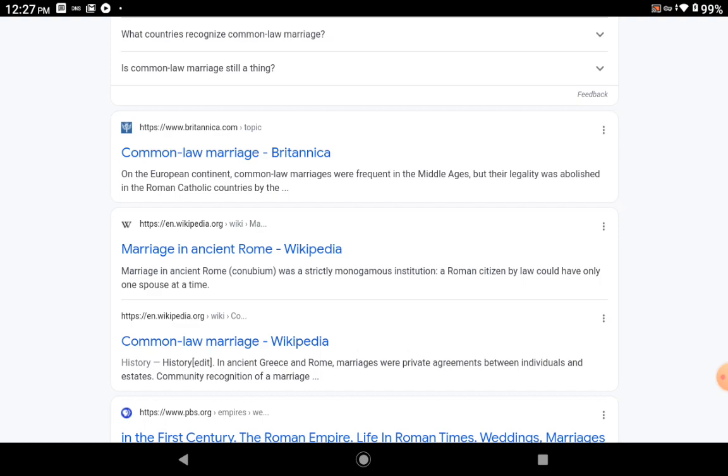Well, look at that. I just put Roman Catholic countries. Look at that. But their legality was abolished in the Roman Catholic countries by and so on. Even says on the European continent, common law marriages were frequent in the Middle Ages. Middle Ages?